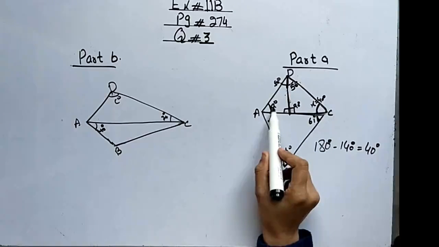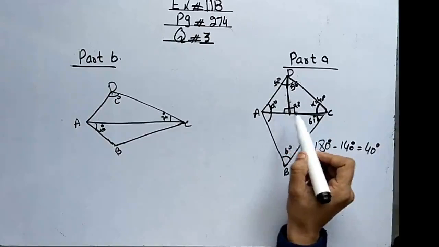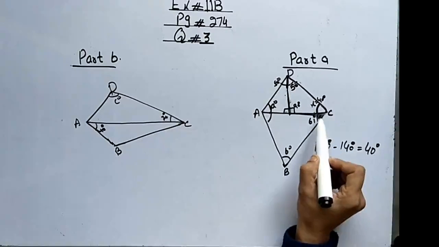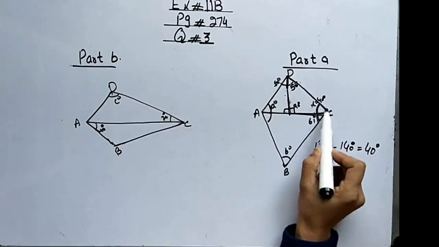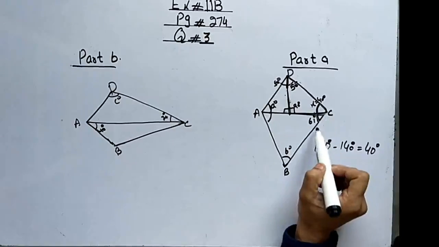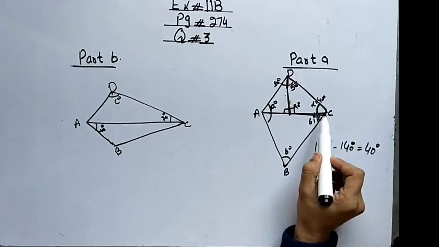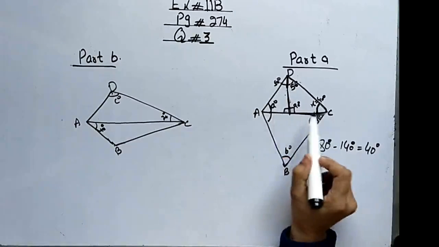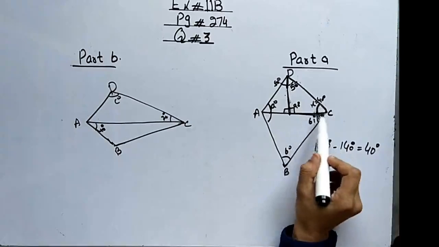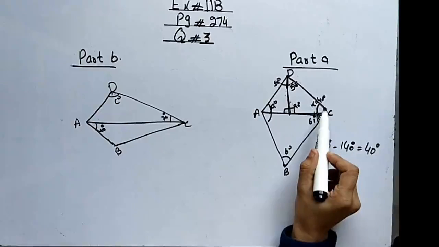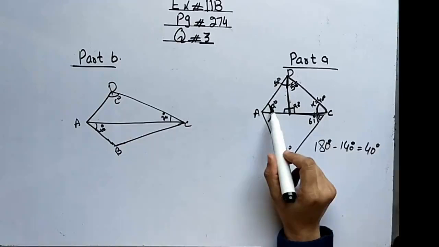Then find out A here. What will be the answer? As we already know, the angles between the two unequal sides are equal in measurement. So if the first part is equal to 40 degrees, then the other must also be 40 degrees.